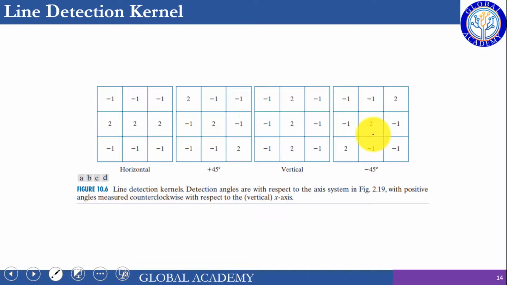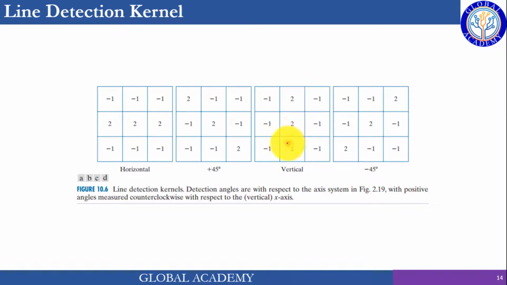So, a line detection kernel. Look, these kernels are very different from the kernels we discussed earlier. There are positive values in the center and then negative values on both sides. This can help in detection of horizontal lines, I mean this kernel. And similarly this kernel can help in detecting vertical lines.